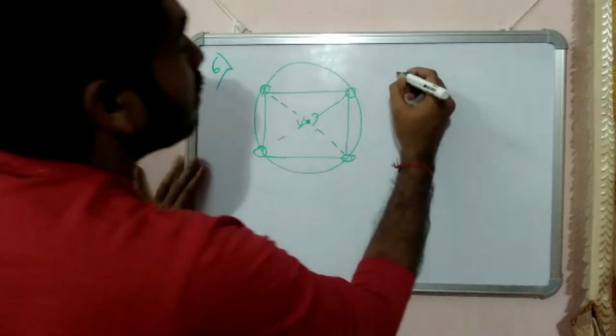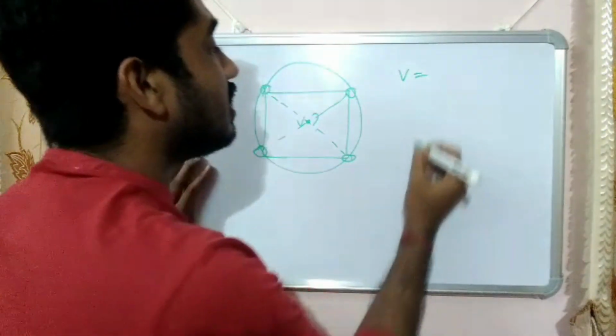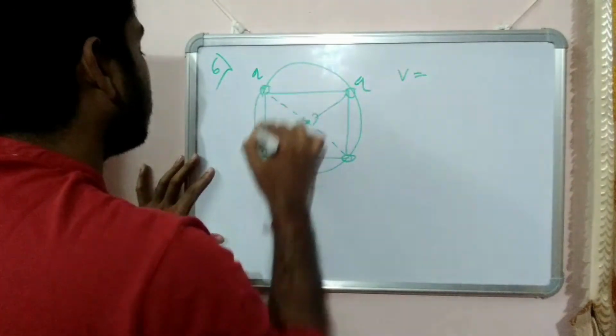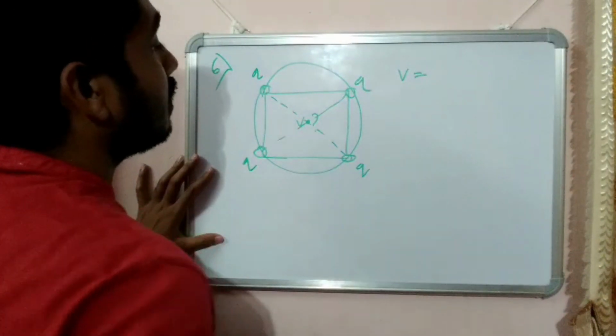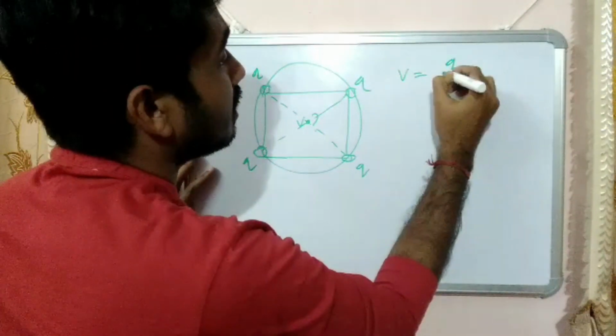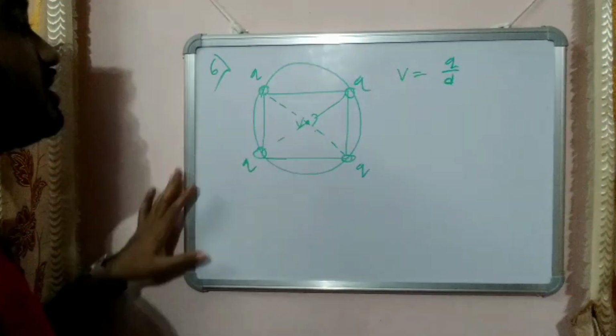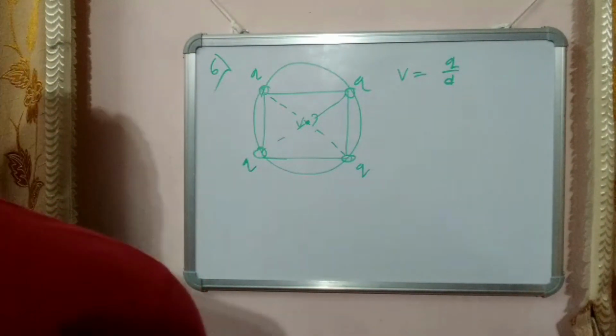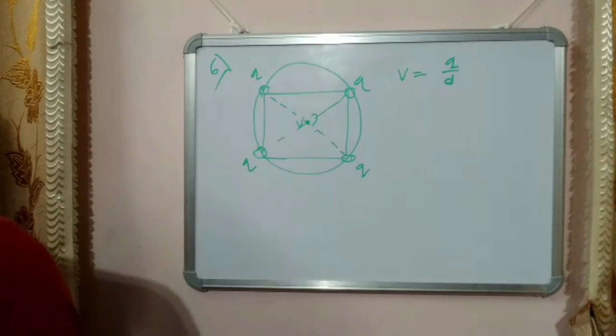So simply we know that the potential due to a single charge, all are Q charge, is Q by D, where D is the distance between the charge and the test point.